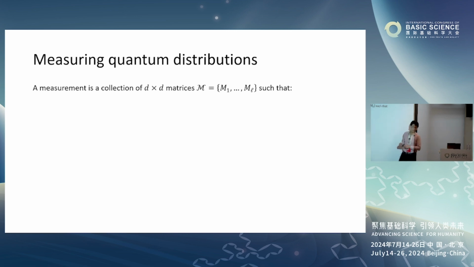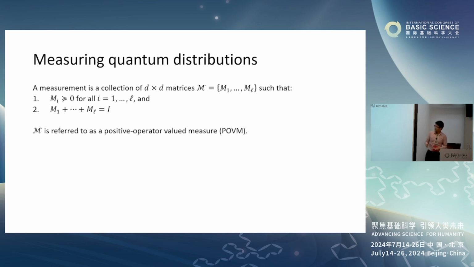A measurement is just a collection of d by d matrices, M sub 1 through M sub L, where the number of matrices can be arbitrary, as long as they satisfy the following two properties. First, each individual matrix is PSD, and they form a partition of the identity, so they sum to the identity matrix. And for physics reasons I'm not going to get into, this collection is known as a positive operator valued measure, or POVM.